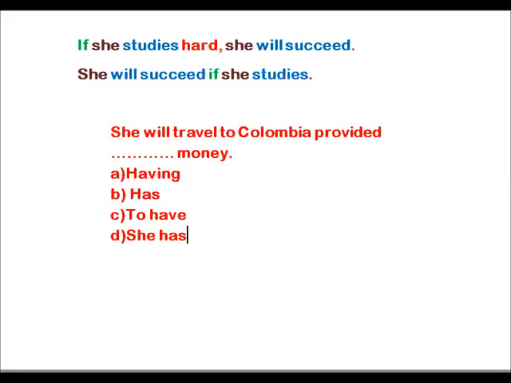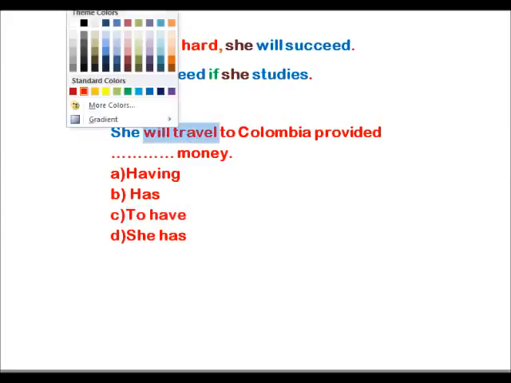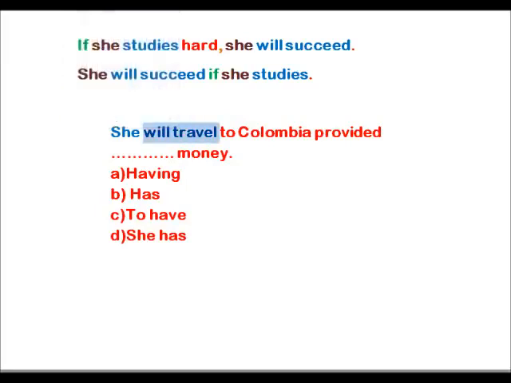In order to be able to answer such a question like that, you need to check the elements first. Look at she. She is what? She is a subject. Do we have a verb? Yes, we've got a verb, which is will travel. Fantastic. So we've got she as a subject, will travel as a verb.